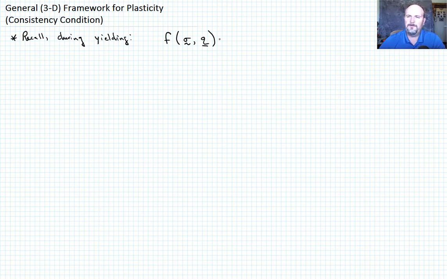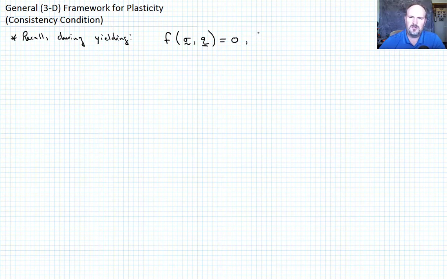But during yielding, that yield function equals 0. And furthermore, if we're yielding, we had an additional condition which basically said we wanted to know if the additional increment of stress tended to cause the yield surface to grow, or if we were unloading, or if we were running along the yield surface.